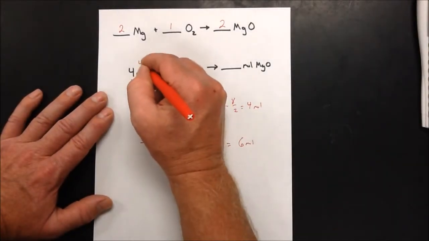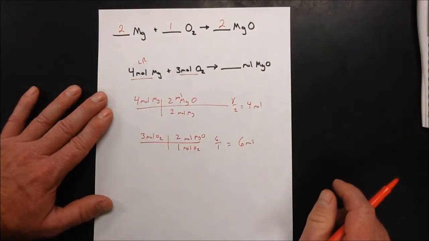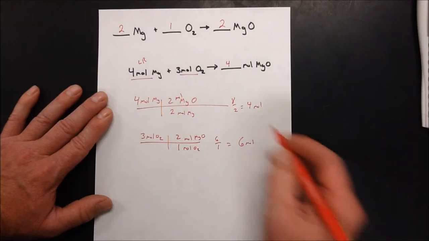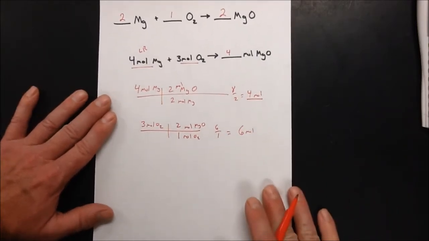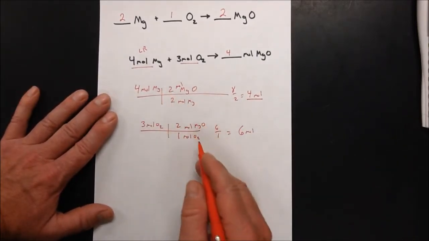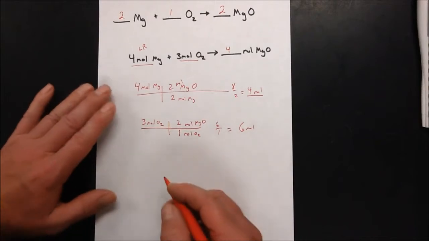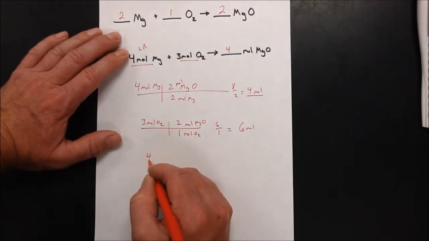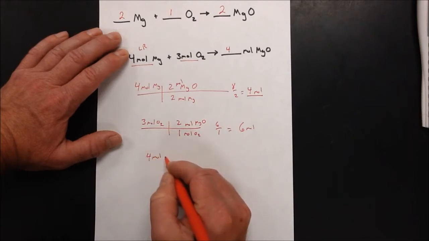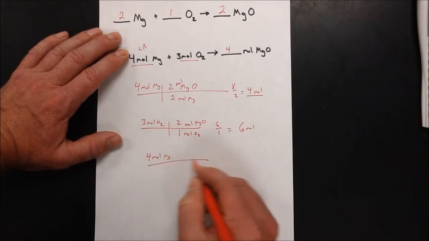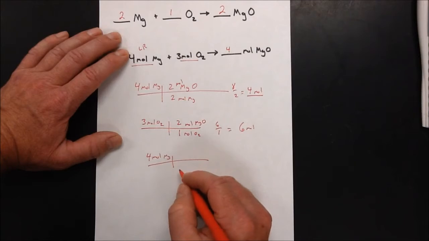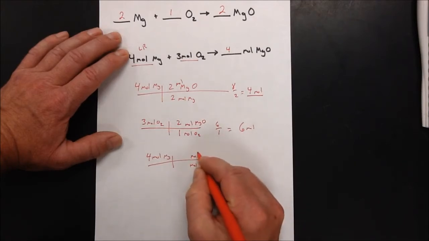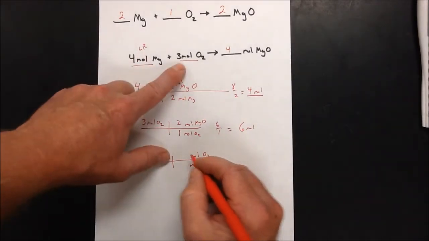I am limited by the 4 moles of magnesium. So that's going to limit me to 4 moles of product because of that. I want to verify that the oxygen is excess, and I want to see how much oxygen is excess. So I'm going back here to my limiting reactant, 4 moles of magnesium, and I want to see how much oxygen I need. So from moles of magnesium, I want to go to moles of O2.